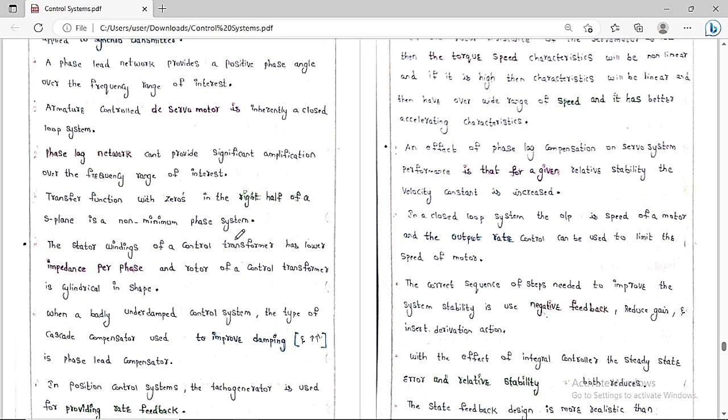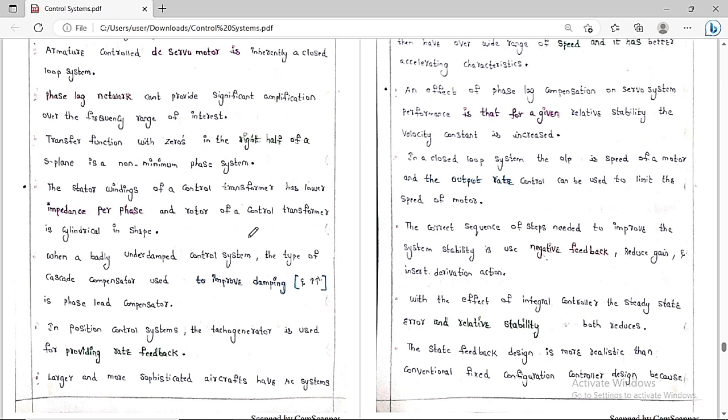What type of compensator should I place in this control system in order to improve the damping ratio, meaning that the damping ratio zeta should increase? It is the phase lead compensator.